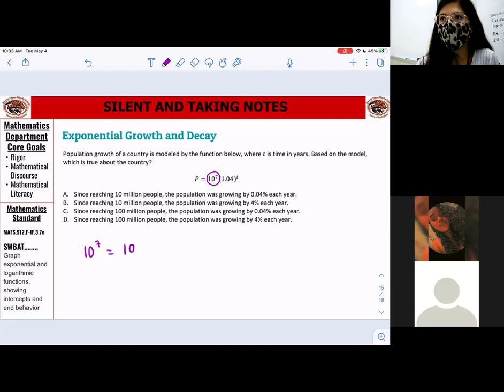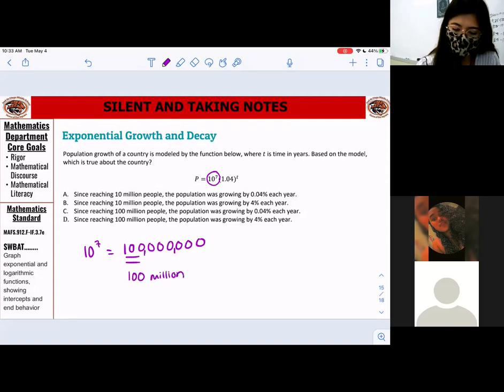I write 10 and I'm going to add 7 zeros. 1, 2, 3, 4, 5, 6, 7. Then for every 3 zeros, I add a comma. So what is that? 10 million or 100 million? That's 100 million. So that's the first thing.